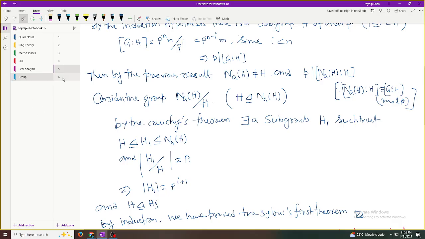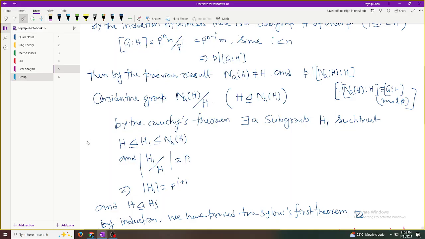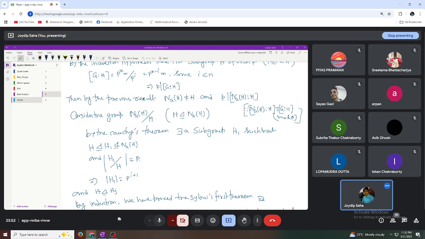Okay, there are 3-4 group actions which mainly occur here. 3-4 types of group action. Okay. Have you any question? Okay.